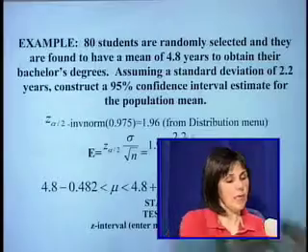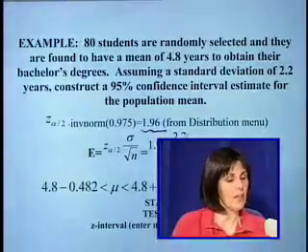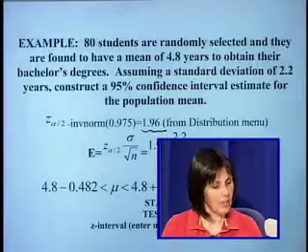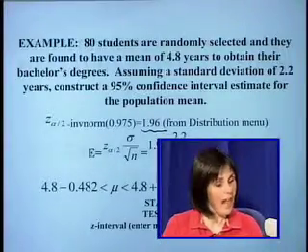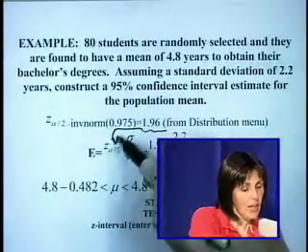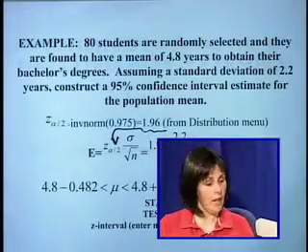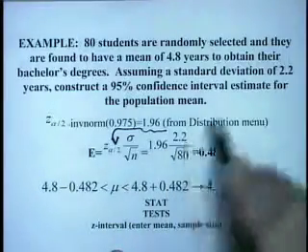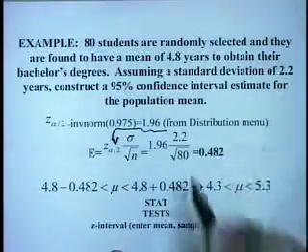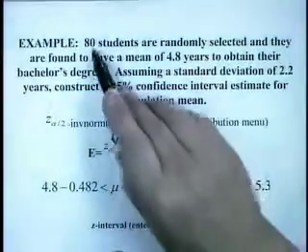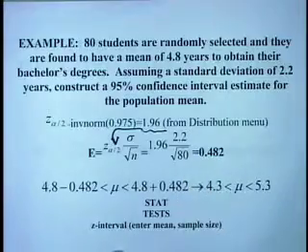Again, as before, I can calculate 1.96 from the inverse norm with your graphing calculator. Then you can just plug that number in the margin of error formula. So you're going to have 1.96 times the standard deviation of 2.2 divided by the square root of your sample size, 80 students.